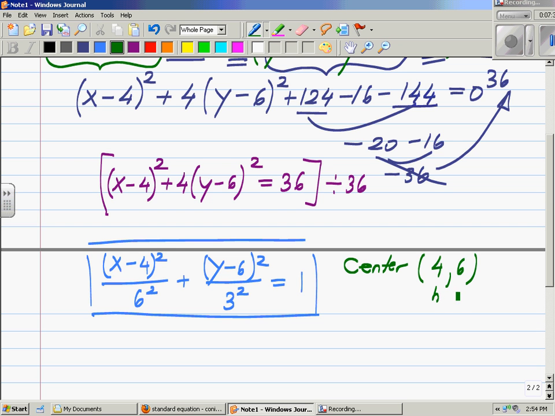This is your h, that's your k, right? Where are my vertices? Now, before we do that, how is this ellipse oriented? Is it a horizontal or vertical ellipse? What is your major axis? Will your major axis be horizontal or vertical?